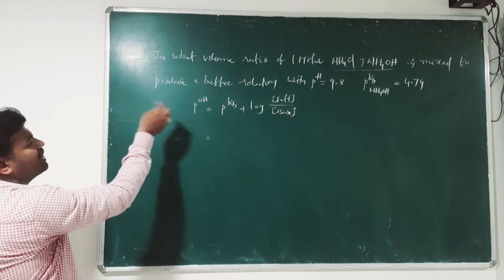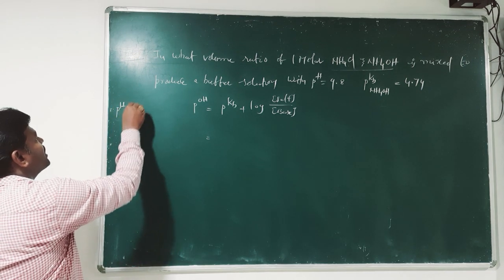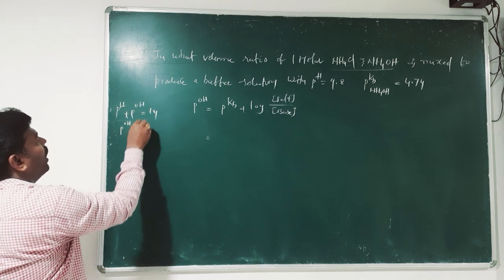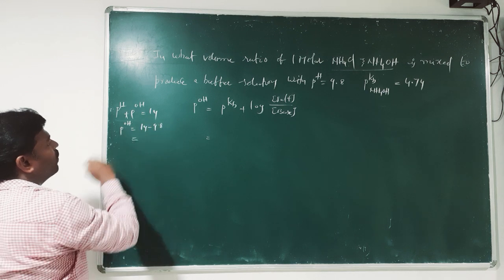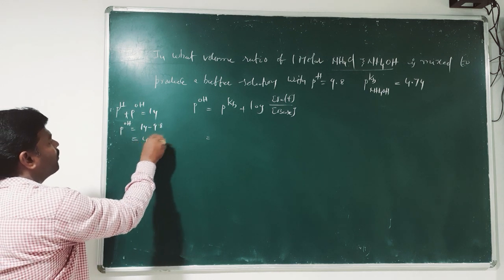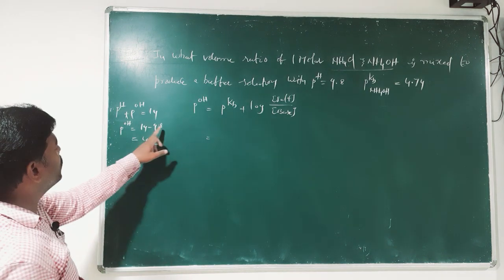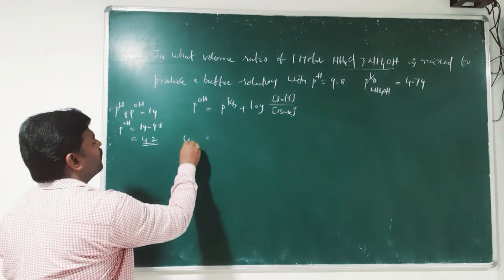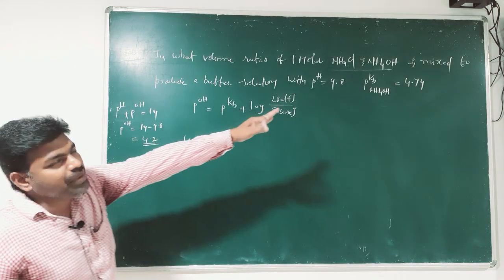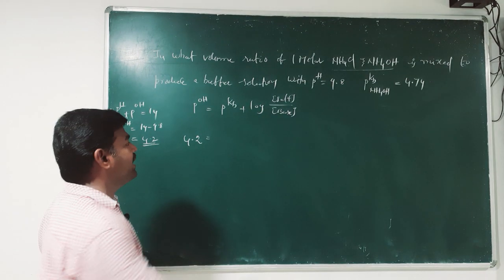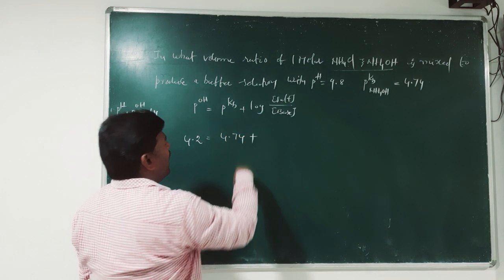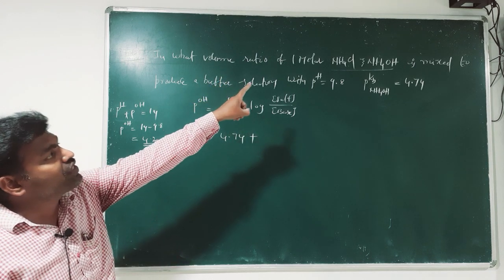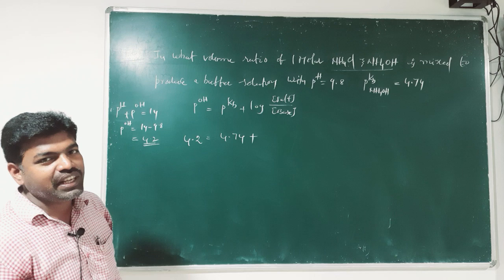We know that pH plus pOH is equal to 14, so pOH is equal to 14 minus 9.8, which is 4.2. So pOH is 4.2, and the pKb is 4.74.